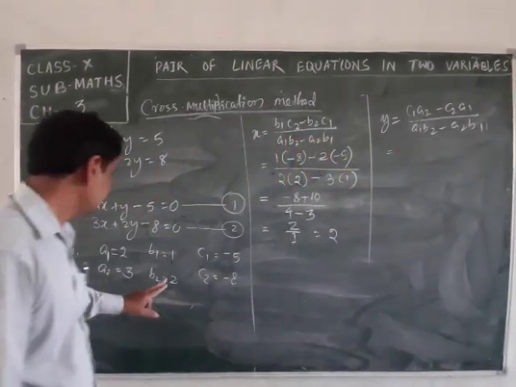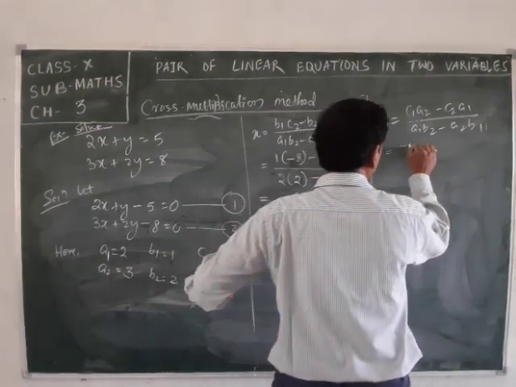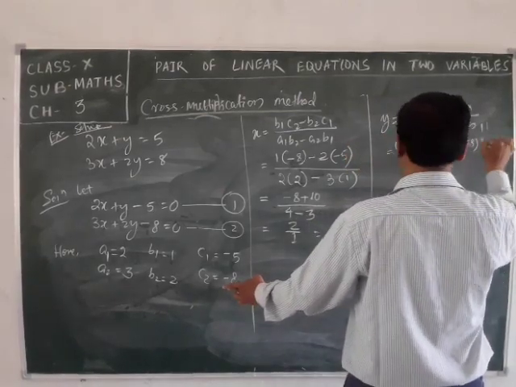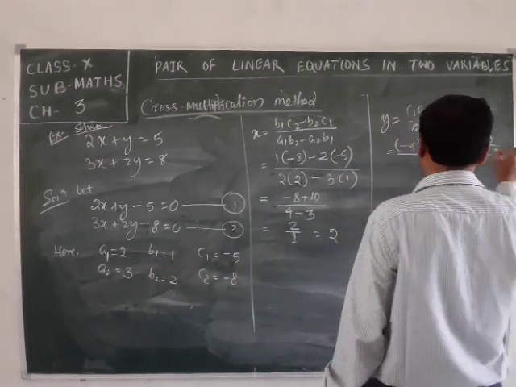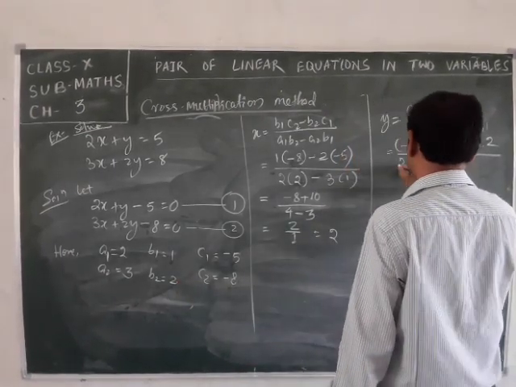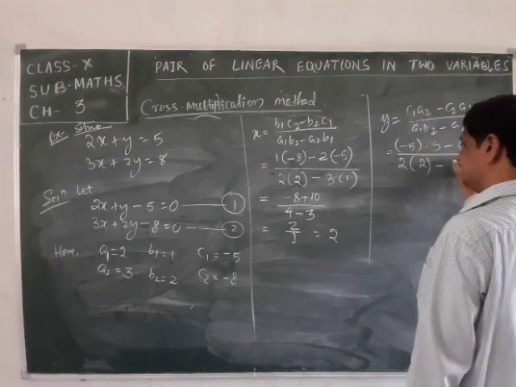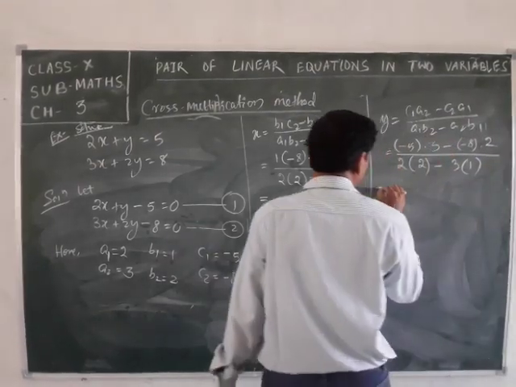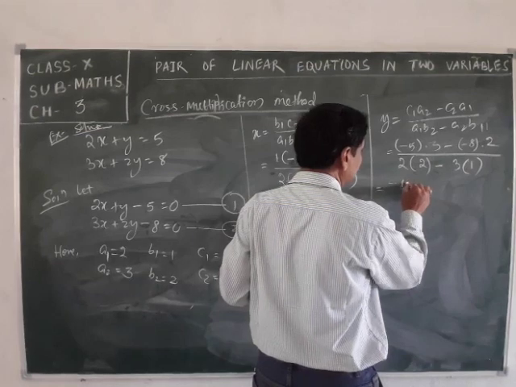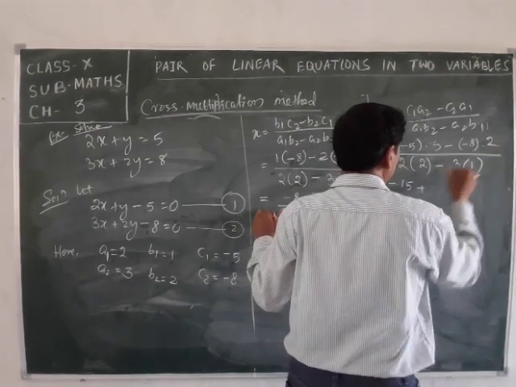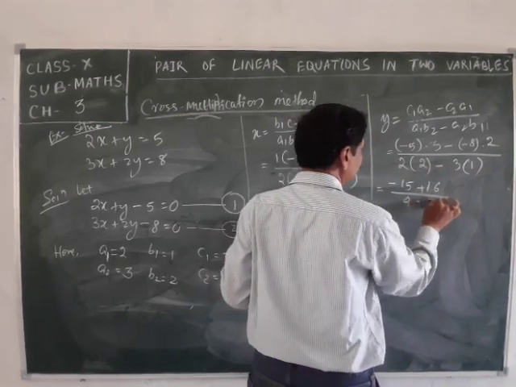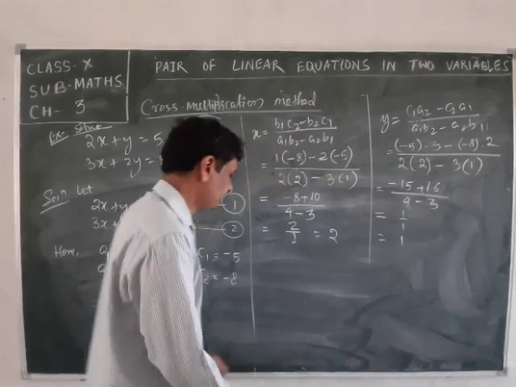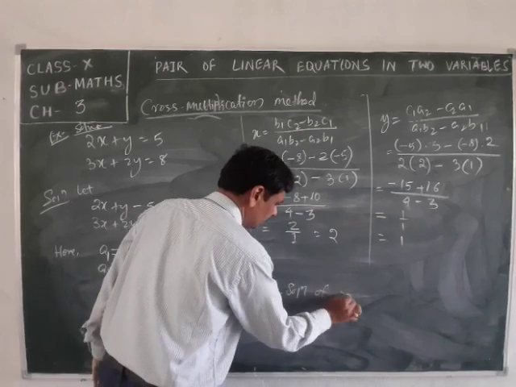This equals c1, that is −5, into a2, 3, minus c2, −8, into a1, 2, divided by a1 b2, 2 into 2, minus a2 b1, 3 and 1. −5 into 3 is −15, minus into minus plus, 8 into 2 is 16, so −15 + 16 is 1, divided by 4 − 3 is 1, that is 1.